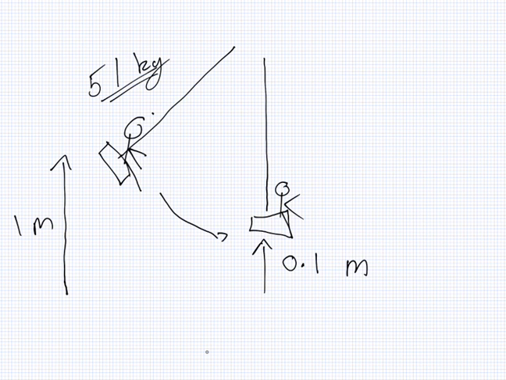So my question is, how fast is he going here? So the energy at the start, what type of energy here at the start? It's potential. Is there any kinetic? No, because it's at rest here, okay? So potential at the start equals, what type of energy does he have here?